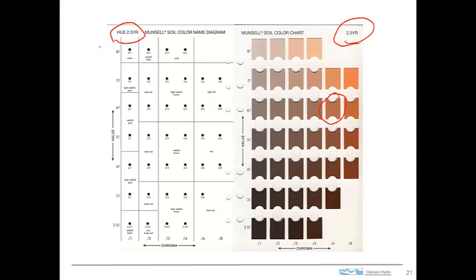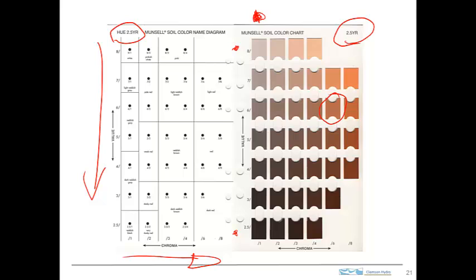The value goes along this axis and the chroma goes along this axis. Remember, value goes from light to dark, and we can see a light shade here and a dark shade here. Chroma is a measure of the mixture between the neutral color, whether it's light or dark, and the hue.